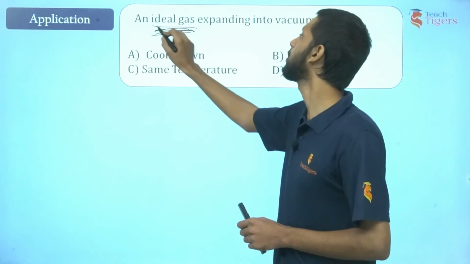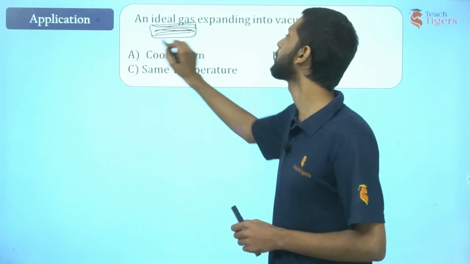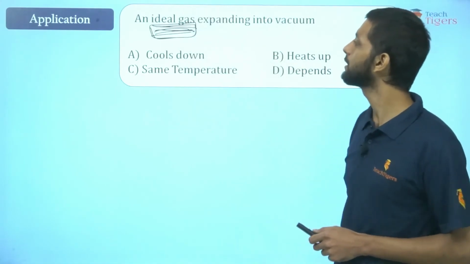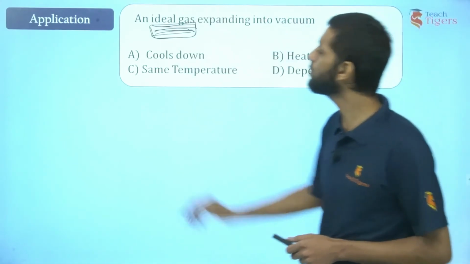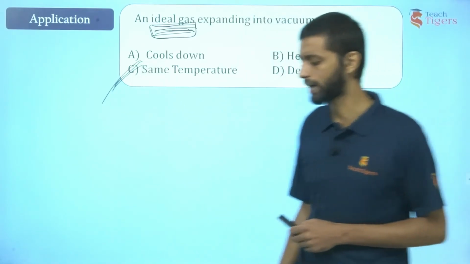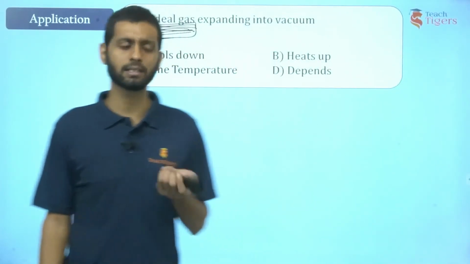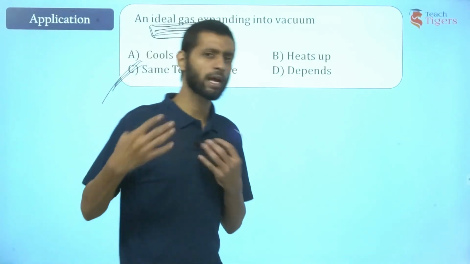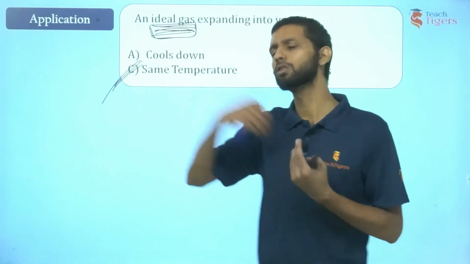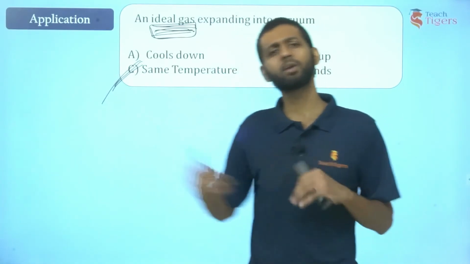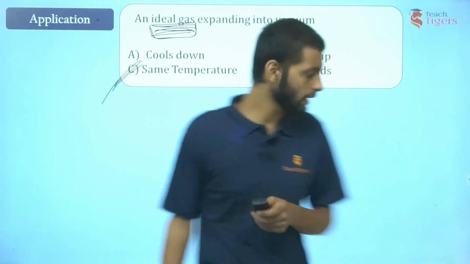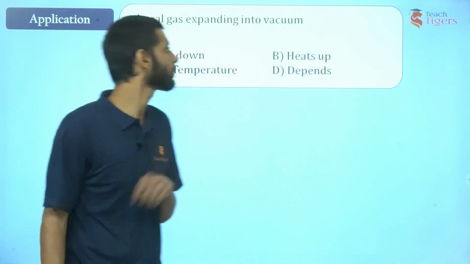This is also known as the Joule-Thomson effect. In case of ideal gases, the expansion into vacuum, same temperature. Nothing happens if an ideal gas expands into vacuum. One way to think about this is that if you're expanding into vacuum, external pressure is 0, so you don't have to do work against anything, you don't have to waste any of your energy, you stay at the same temperature. So the correct answer is option C.